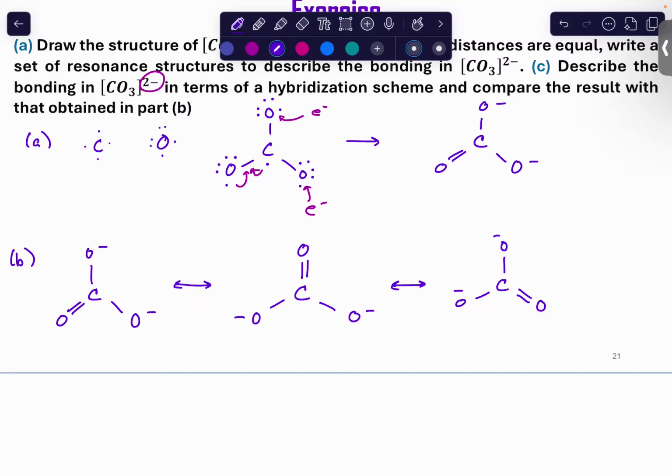Now let's think about a bonding scheme. So first we notice that carbon is in a trigonal planar field, so we're going to describe it as sp2 hybridized. Okay.